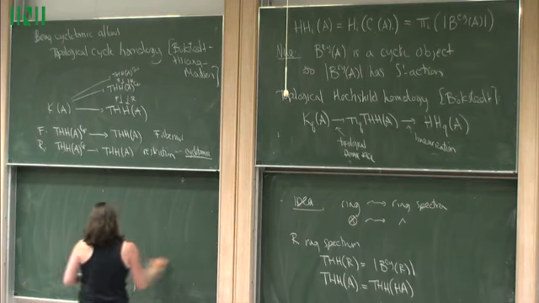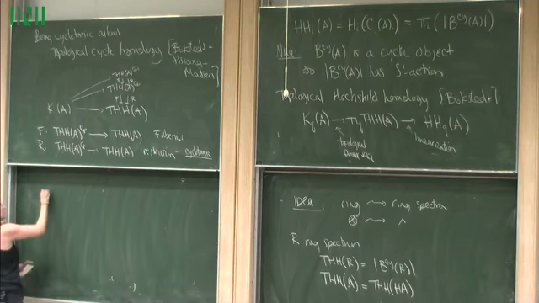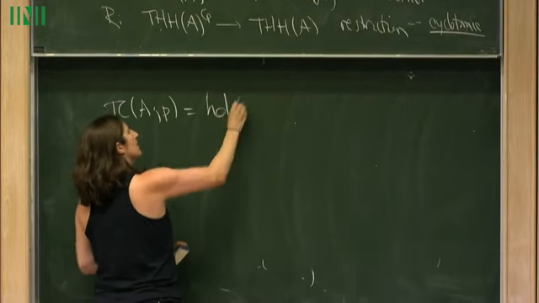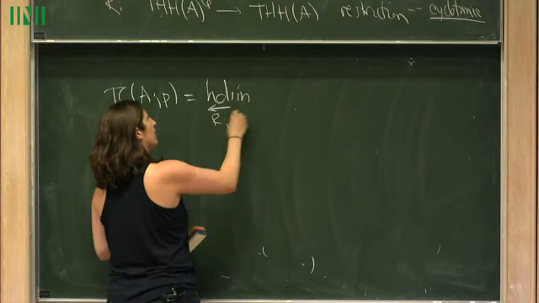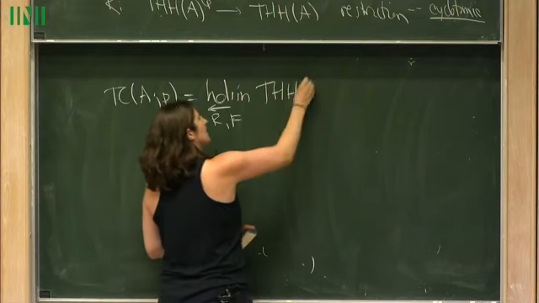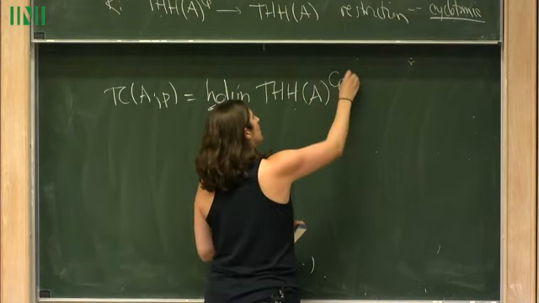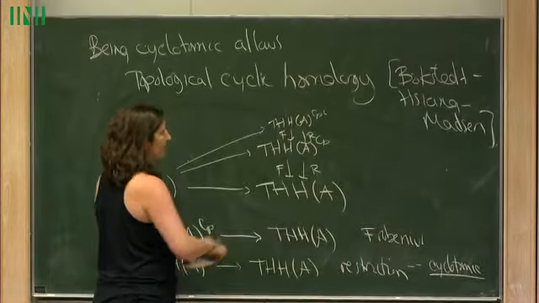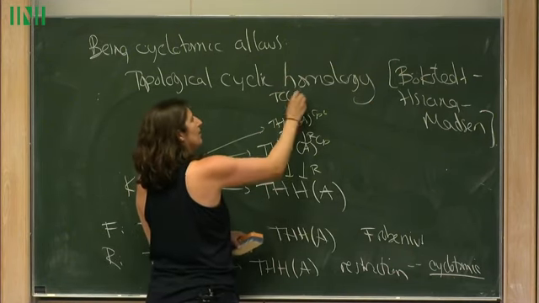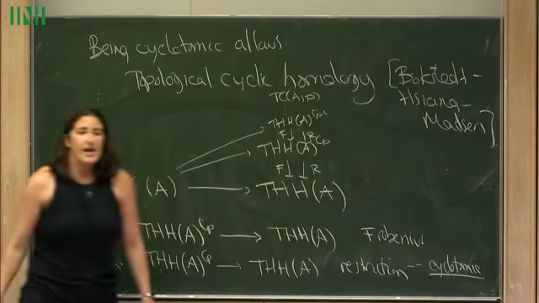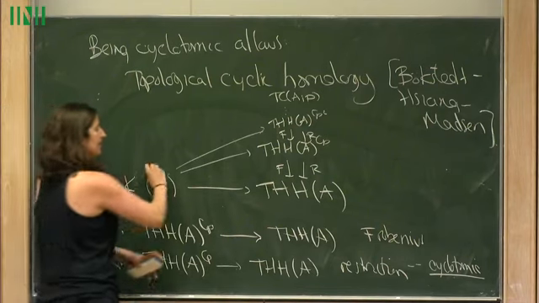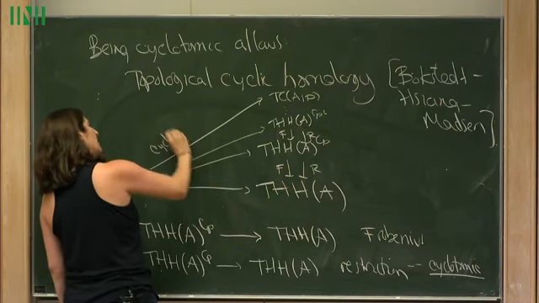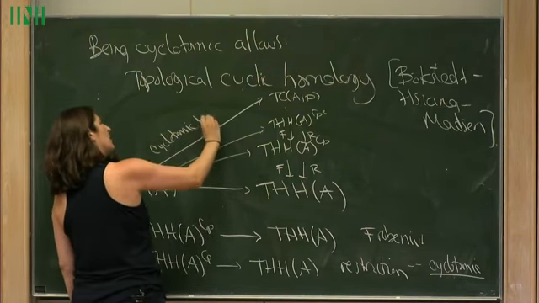So topological cyclic homology, let's say, of A at a prime p is the limit over these restriction and Frobenius maps of fixed points of THH. So, sorry, in my picture, topological cyclic homology should go all the way up here. And this topological Dennis trace lifts all the way to topological cyclic homology, and this is the map that's called the cyclotomic trace.